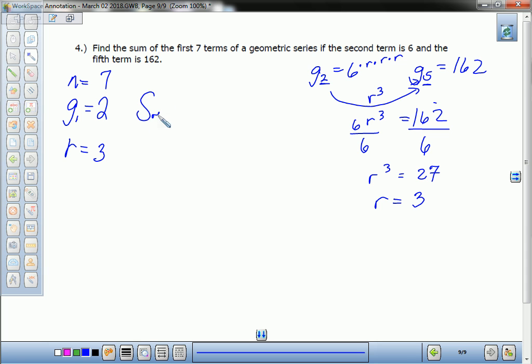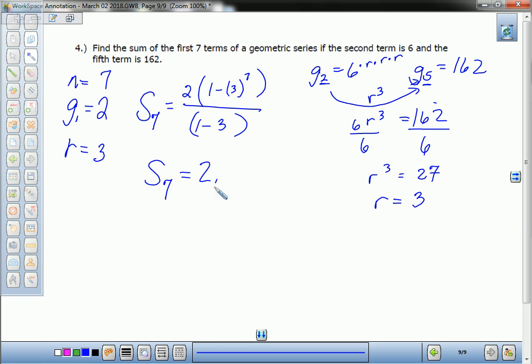The sum of the first 7 terms is the first term times 1 minus R to the n over 1 minus R. And we find that the sum of the first 7 terms of this geometric series is 2,186.